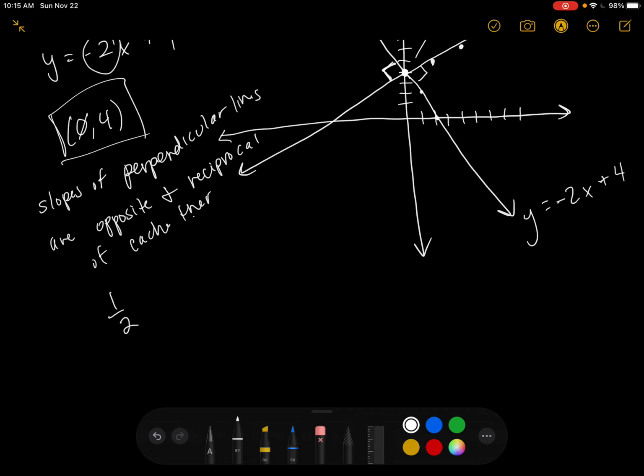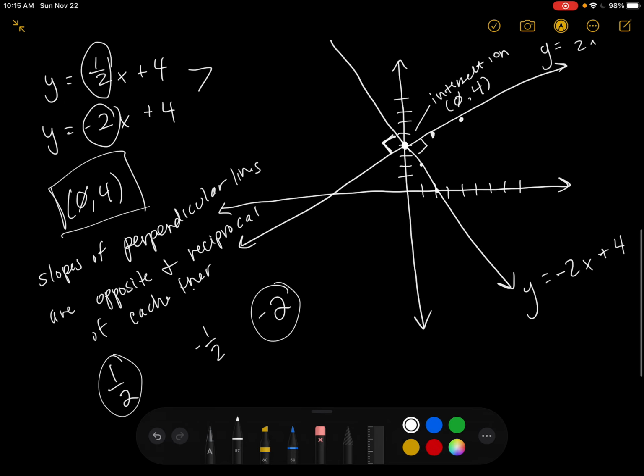So the opposite of that would be negative 1/2, but then you have to also do the reciprocal. So the reciprocal of negative 1/2 is -2. And you can see that's what the two slopes are over here. And so it's just a handy little trick to spot perpendicular lines, or if you have to create equations and it says make an equation for a line that's perpendicular, you can use this trick to figure out its slope.